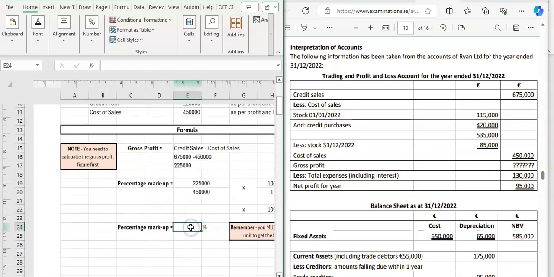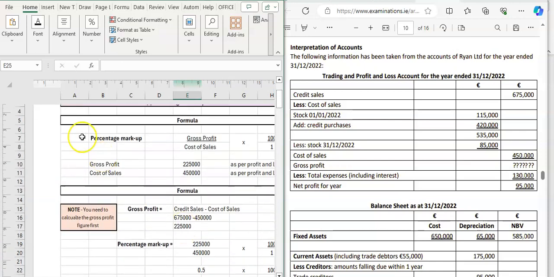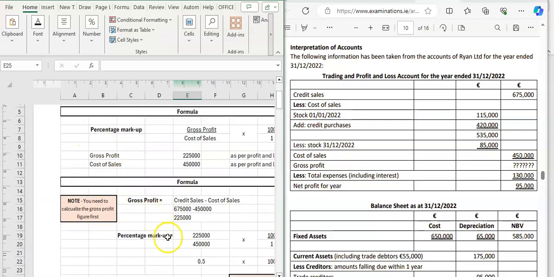So down here, I'm going to divide 225,000 by 450,000. It's going to give me 0.5, and then I'm going to multiply that by 100. So 0.5 multiplied by 100 is going to give me 50%. So my answer for my percentage markup is 50%.